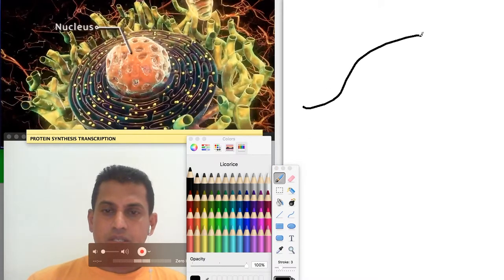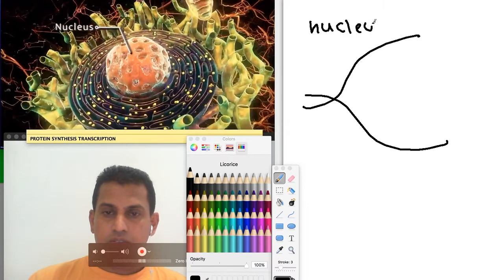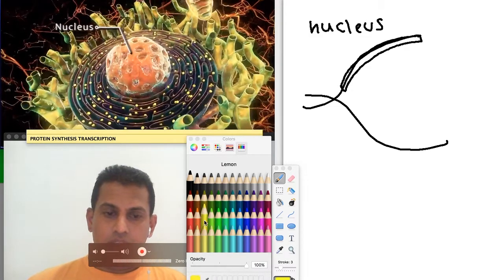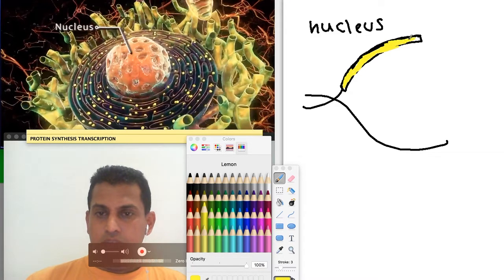During transcription, inside the nucleus, the DNA is unwound and then opens up the relevant gene which should be transcribed or expressed. So let's say this part, the yellow part, represents the DNA.